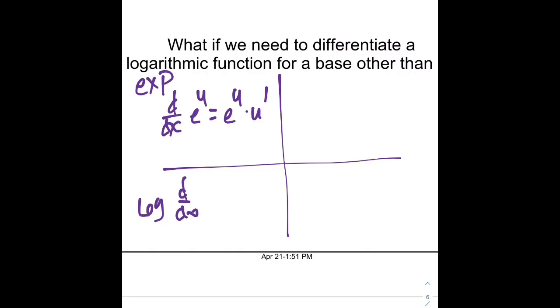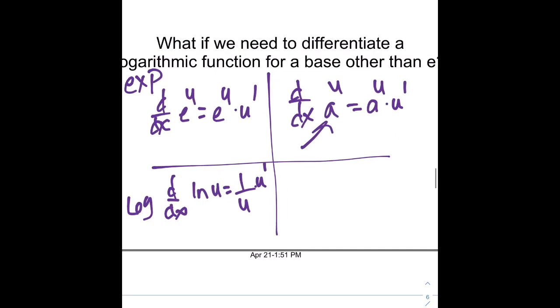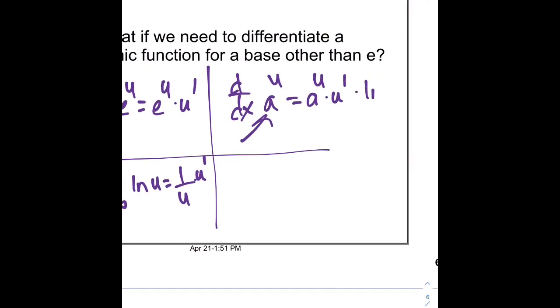When we differentiated the natural log of u, it was the reciprocal times u prime. When we differentiated an exponential with a base other than e, it was itself times u prime, but remember how we had to multiply by the natural log of that base? We had this extra factor.